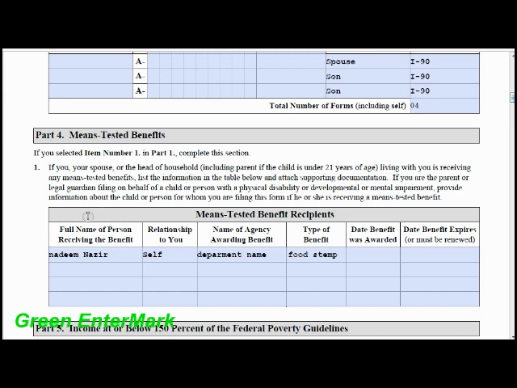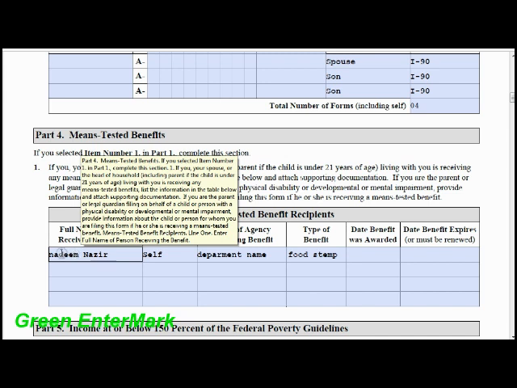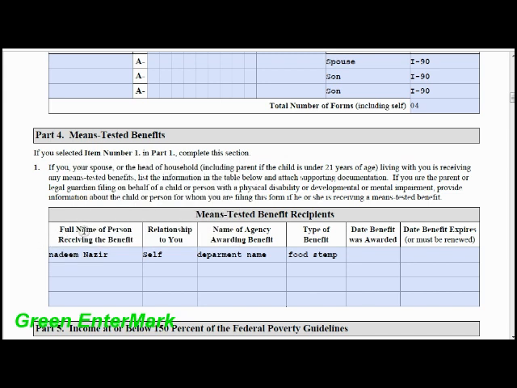In this there is a table in which you mention the full name of the person receiving the benefit, then the relationship to you. It's not necessary that it is you who is getting the benefit. In your family, your son, your daughter, your wife, or any other person who is residing with you and getting the benefit, you have to mention the name, and after that the relationship with you.